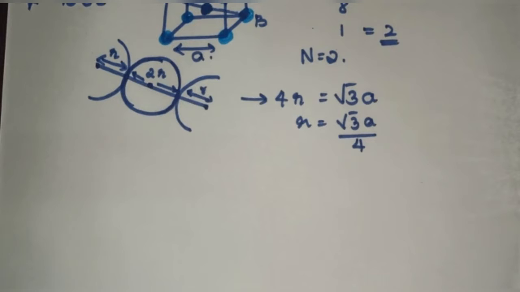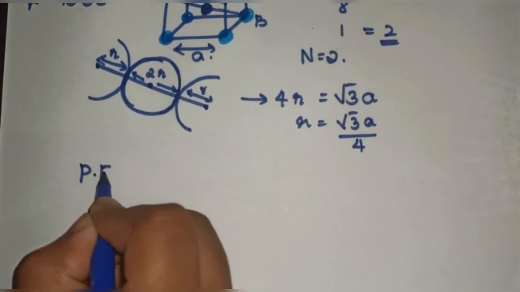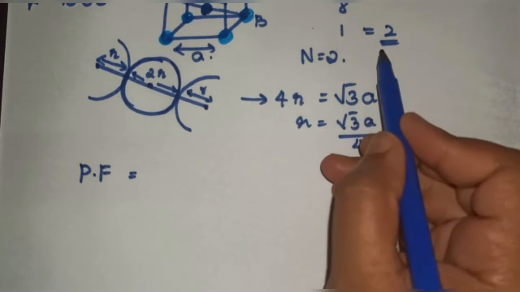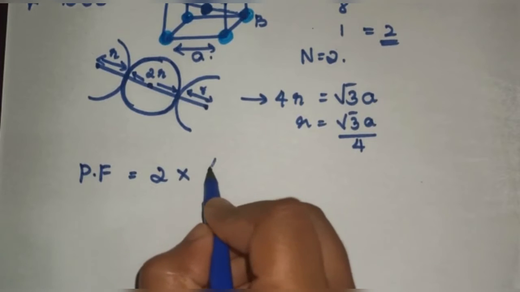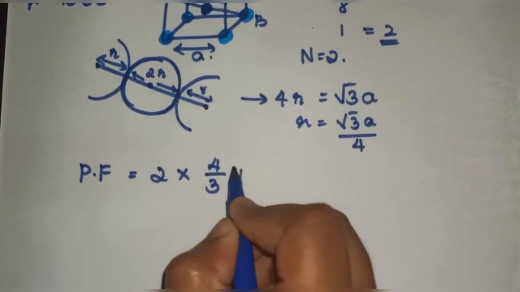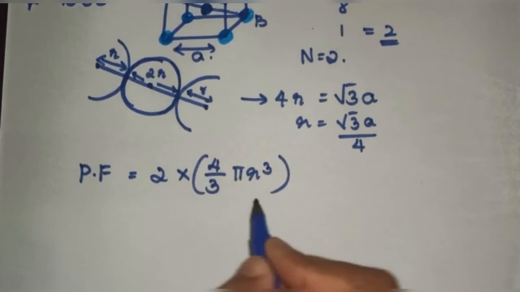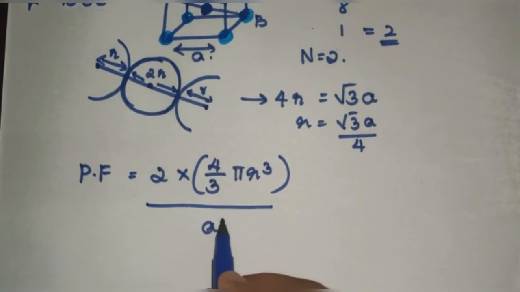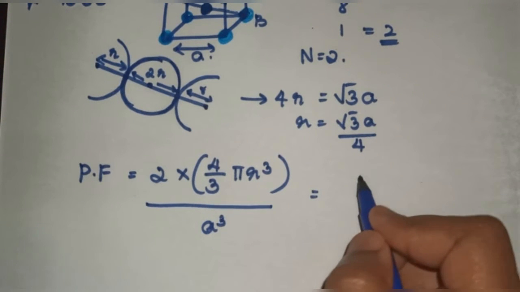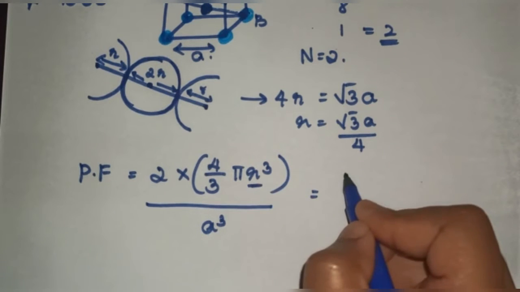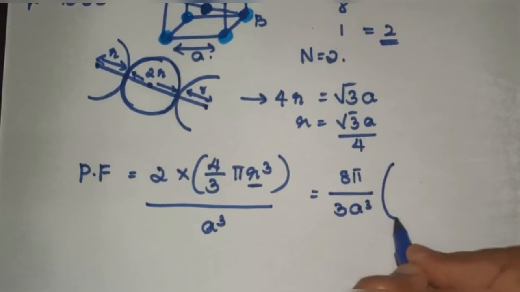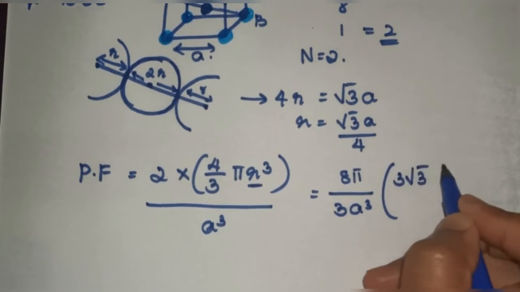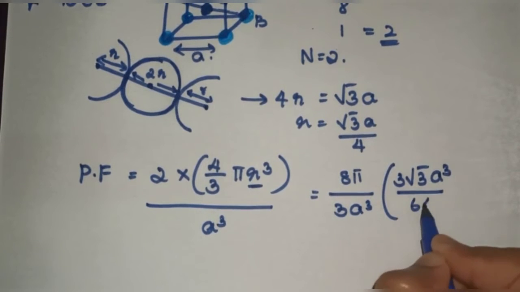Now coming to the packing fraction. Volume occupied: how many atoms are there? There are 2 into the volume of the sphere, 4 by 3 pi r cube, by the volume available, the volume of a cube, a cube. When you replace r, you get 8 pi by 3 a cube, into 3 root 3 a cube by 64.